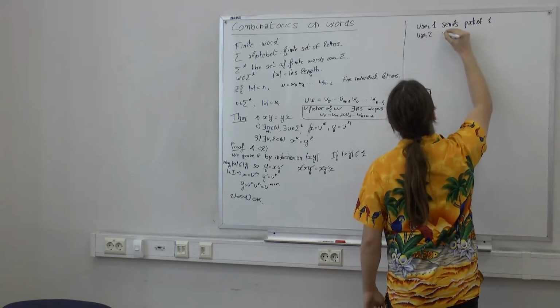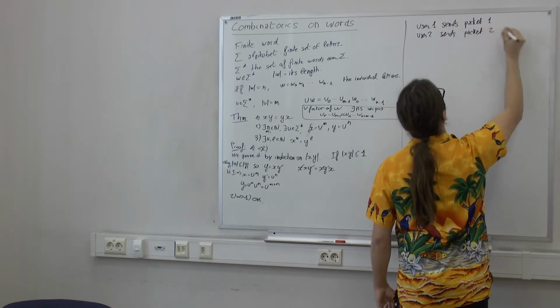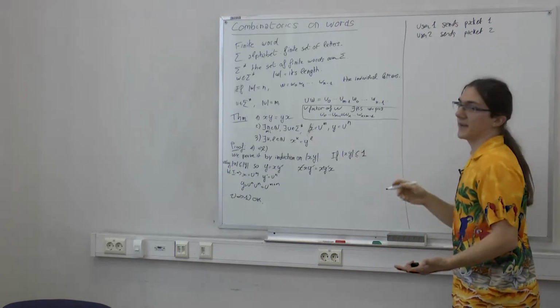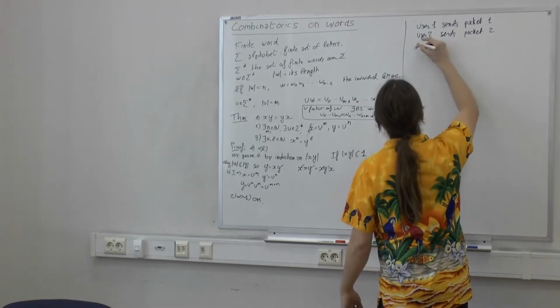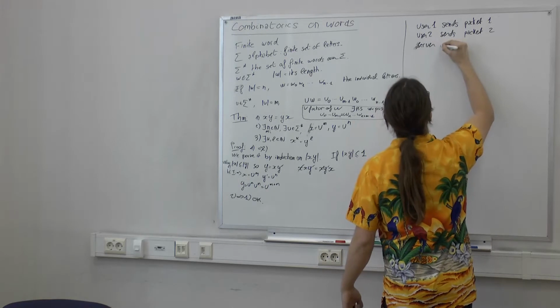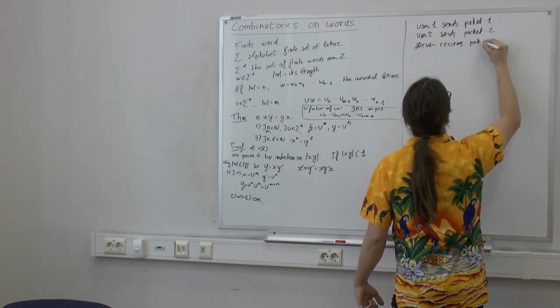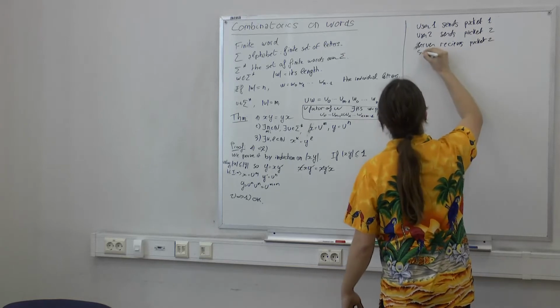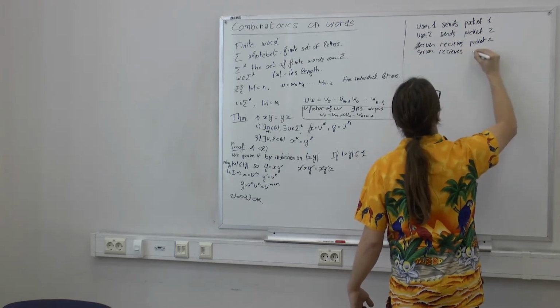User 2 sends packet 2, but because the network is not reliable in general, it might happen that the server receives packet 2, and only then the server receives packet 1.